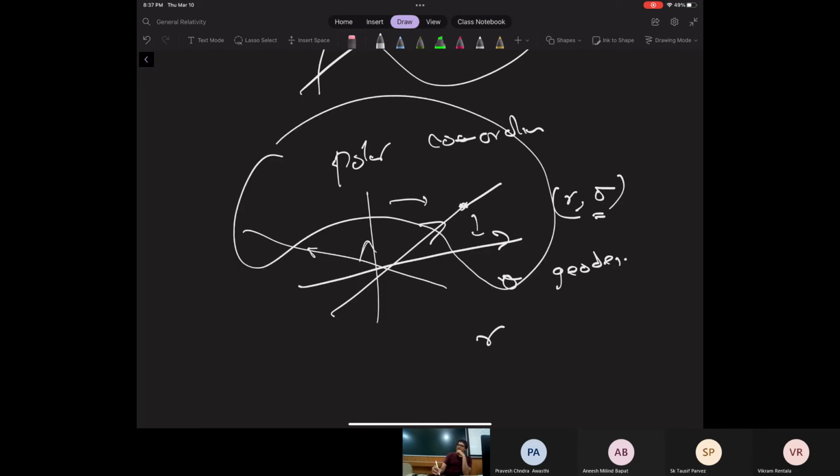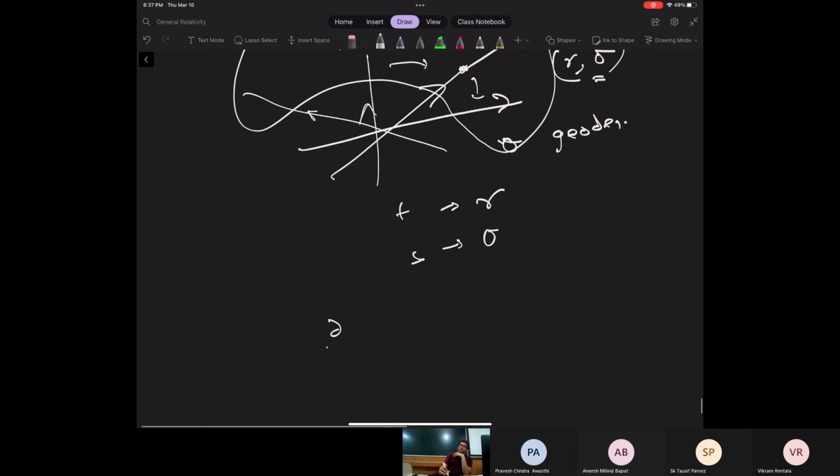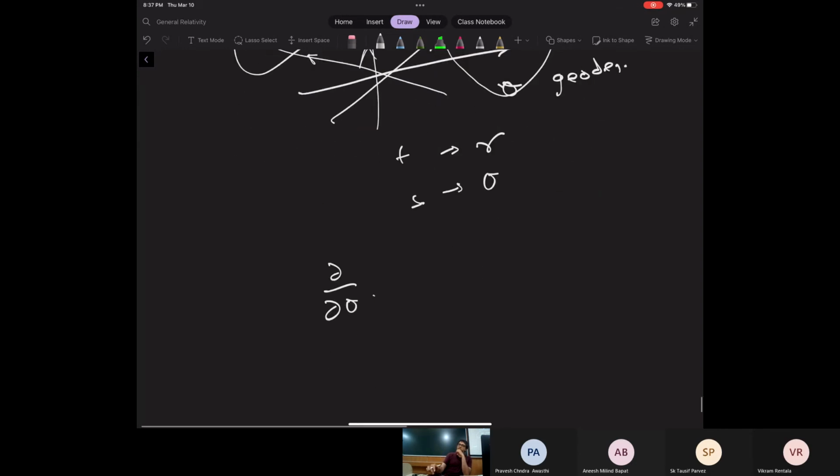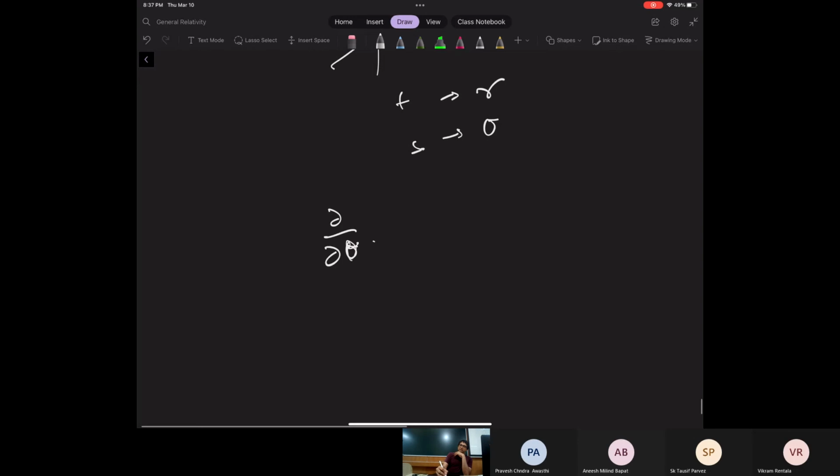So r is like t, and theta is like s. Partial theta takes me from one geodesic to another, so it's a deviation vector. So partial theta is like x, and partial r is like t.